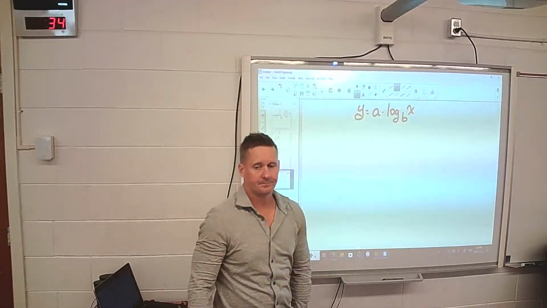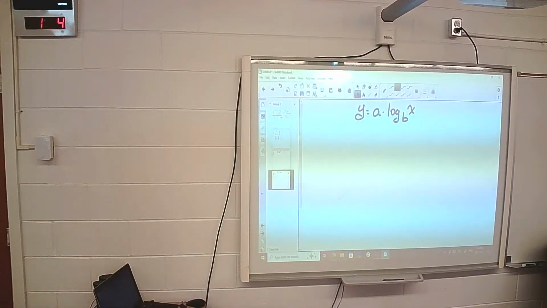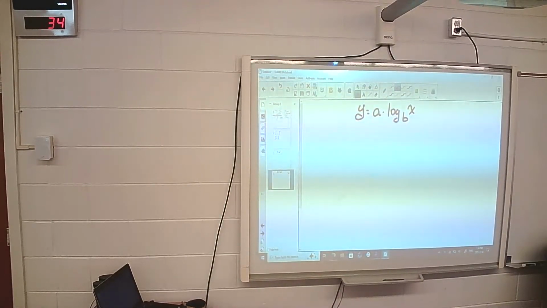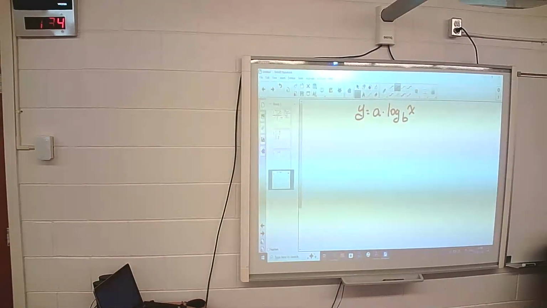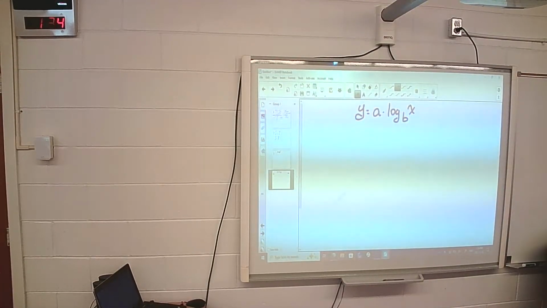is y equals a log x to the base b. Now there's a lot more that can go into this, but all I need for you is to understand the graph of this. When we get to pre-calculus, I'll go into the other stuff that works with this.